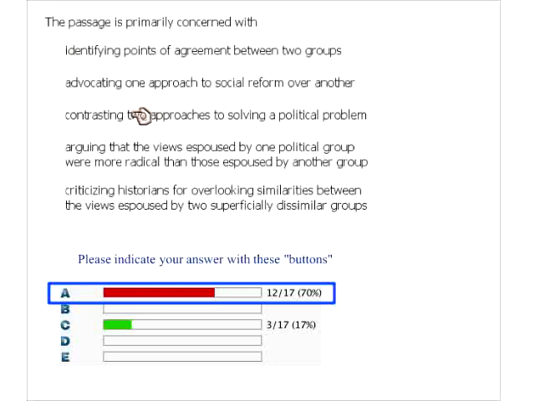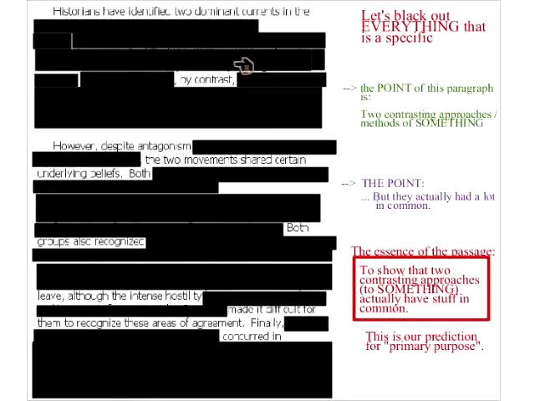Correct answer is A. The reason why it's not C is because the main point is not contrasting. What they do is they introduce that there are two contrasting approaches, but then they spend the bulk of the passage pointing out specific commonalities between these. So despite antagonism, the two movements shared underlying beliefs.